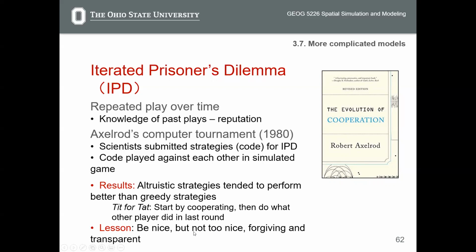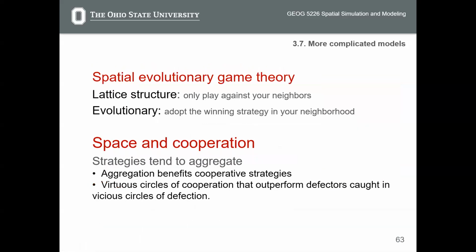Sure, you can be nice, but what is not too nice? What's the boundary here? Forgiving and transparent. When you are being transparent to other people, do you think they will consider your transparency as real transparency instead of your lies? So there is always this wall between people. People cannot fully trust each other. That's the ironic part.